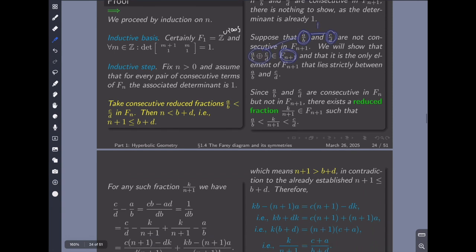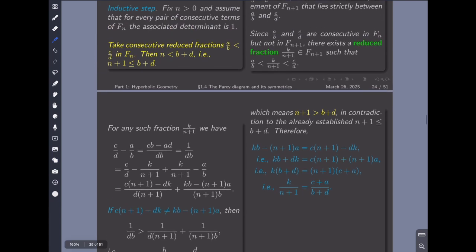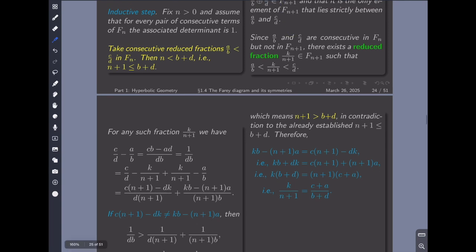And this is done through basic algebraic manipulations. So maybe I'm not going to read the whole algebraic manipulation. I'm just going to say, look, since they are not consecutive in Fn plus 1, there is some fraction with this denominator between them.